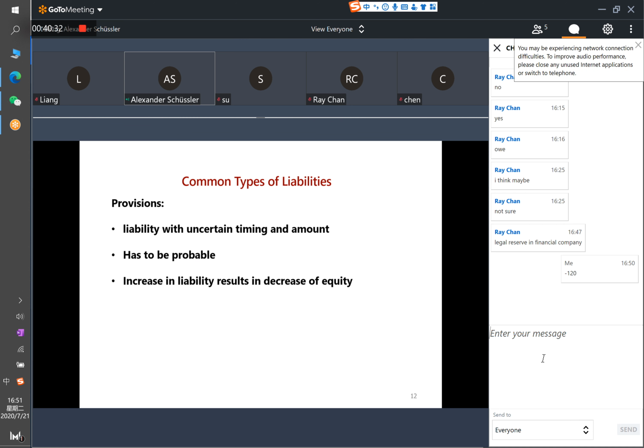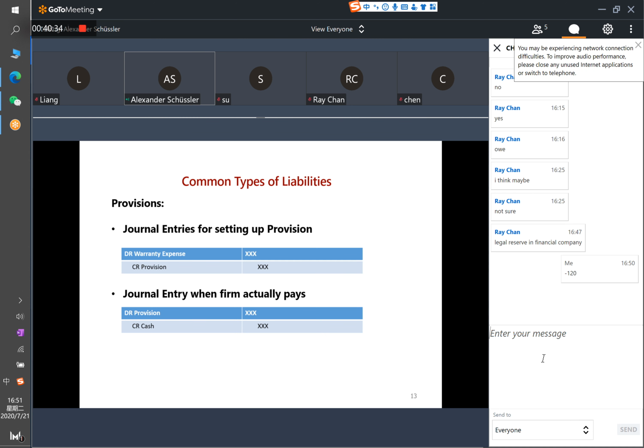For example, you debit expense and you credit the provision. Which elements of the accounting equation are touched here?